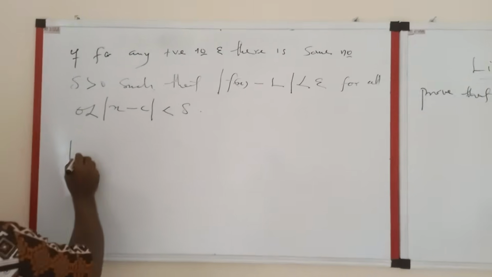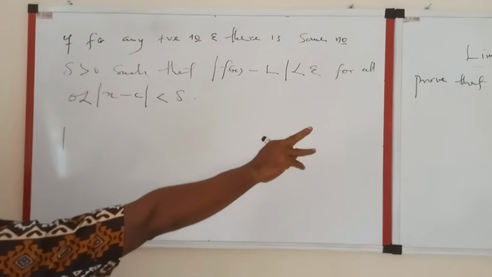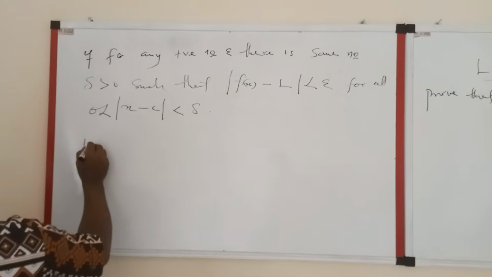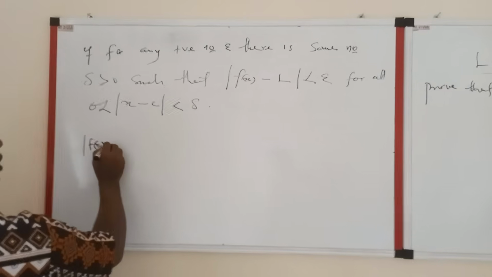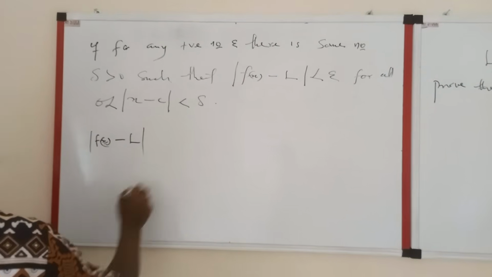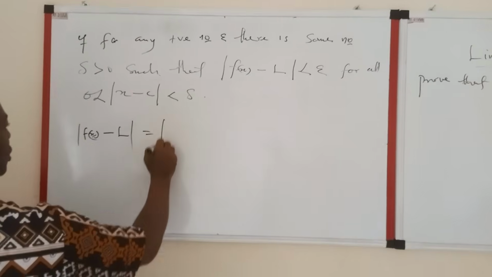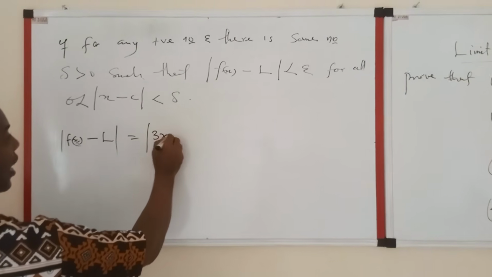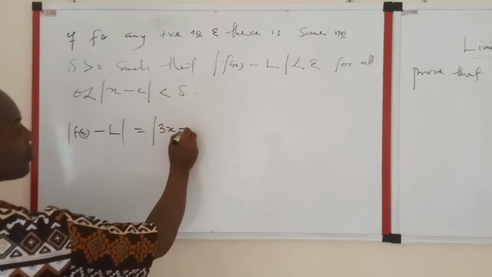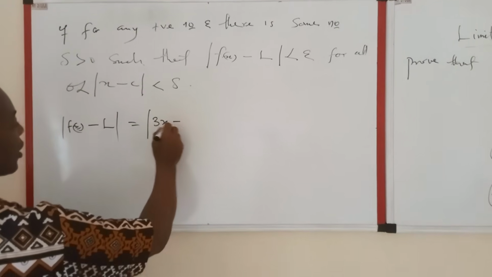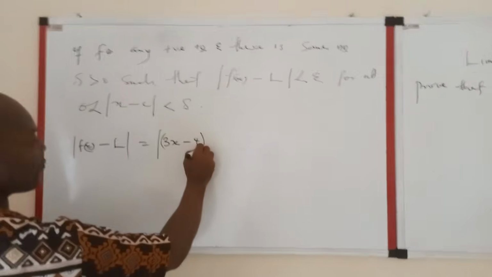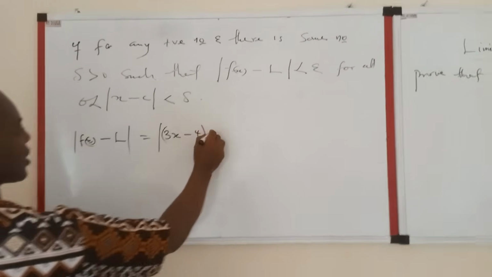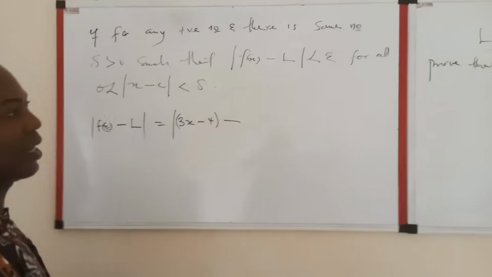Now we are saying that the absolute value of f of x minus L is equal to the absolute value of 3x minus 4 minus L. Where is L?